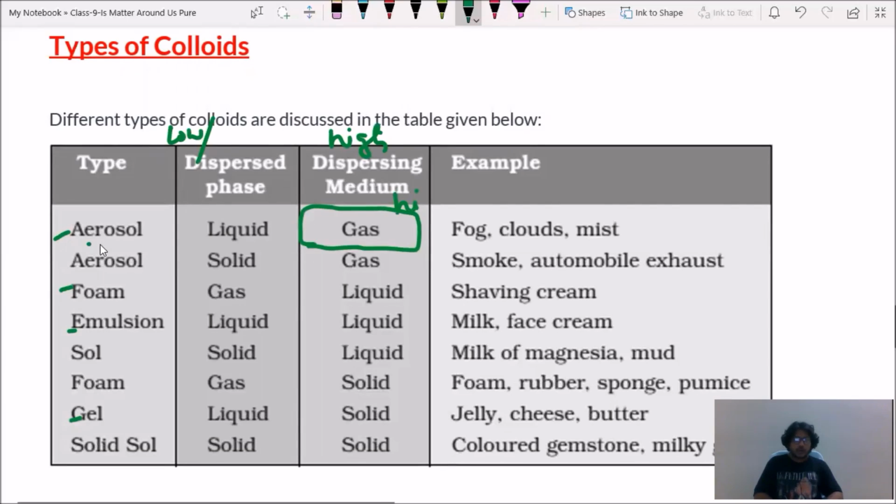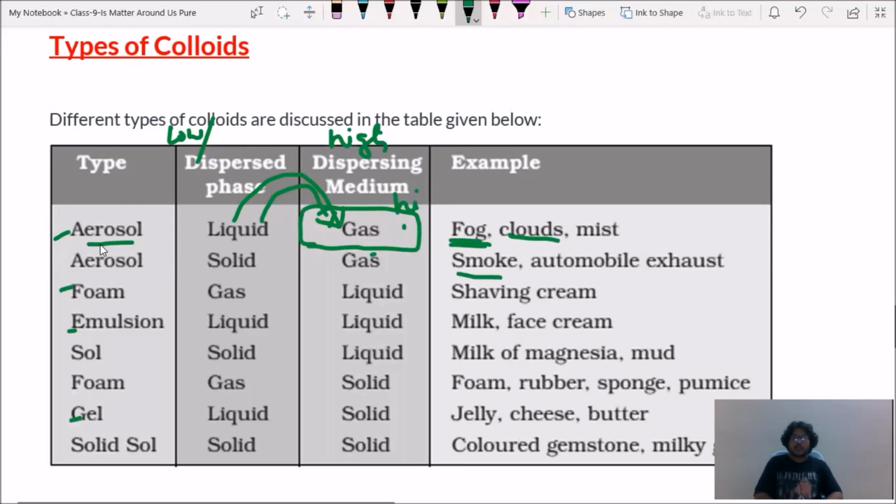So how is aerosol formed? For example, fog. To have fog, first of all we need gas. In that gas, liquid particles are arranged. Clouds. How are clouds formed? Basically, that is gas in which liquids are occupied.